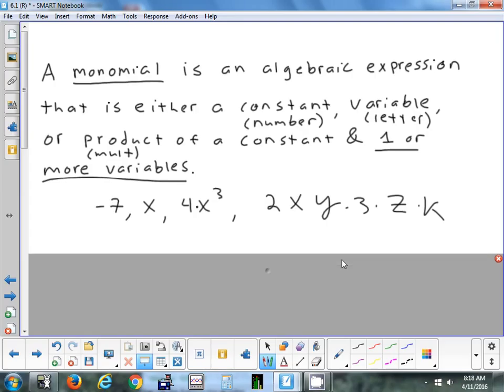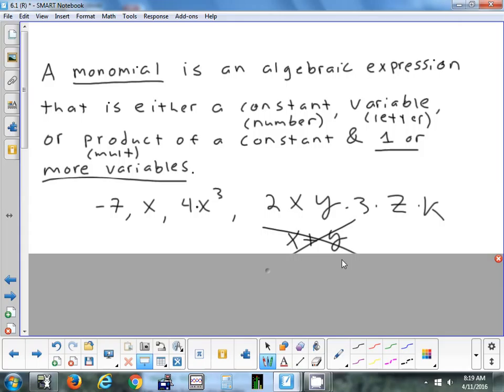What makes something not a monomial is if you do this. If you put x plus y. What do you think I wrote down right there that makes it not a monomial? The plus. Yeah, the plus. Anytime you put a plus sign, a minus sign, all of a sudden you don't have a monomial anymore.